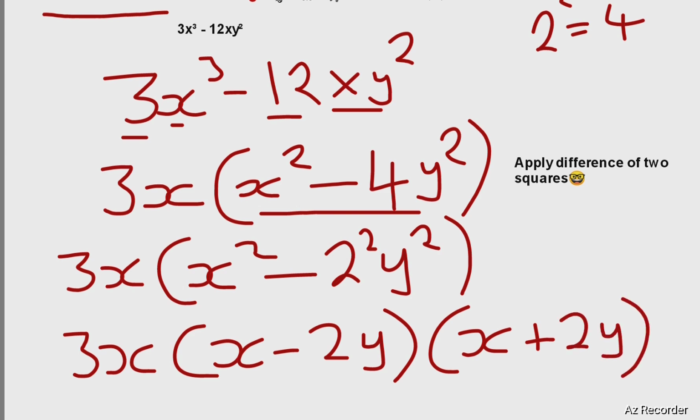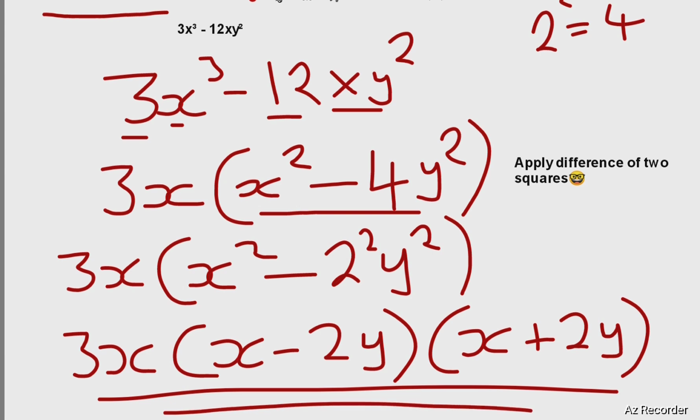So you apply the difference of two squares. Okay, so all you need to do, first of all, you factorize the normal way, then you apply difference of two squares. So at this point, you just ensure that you have squares on both. Okay, this is x squared, this is 2 squared, which is the same as 4. Okay, and then you have y squared there, and you are good to go at this very point.